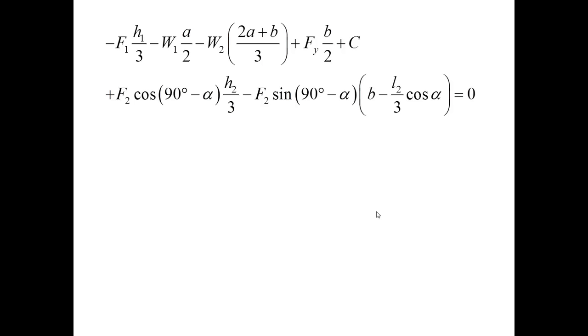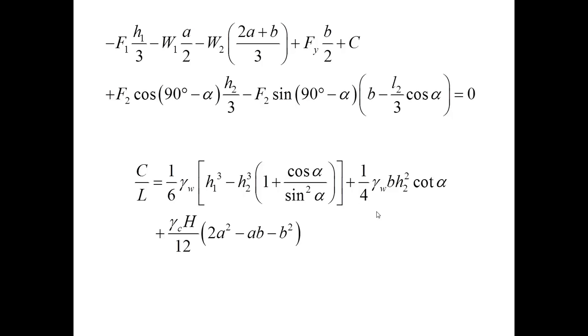Finally, the moment equation. It's lengthy, takes quite a bit of algebra to simplify it, and I will simply write down the result. The result does not look too bad, but it's also unclear whether I made any mistakes or not.